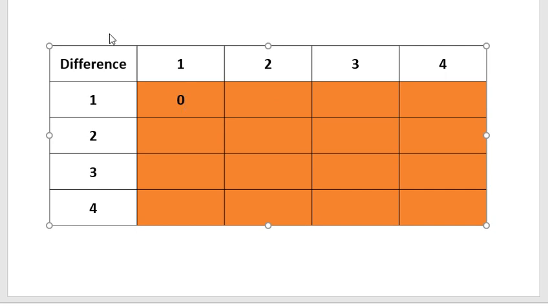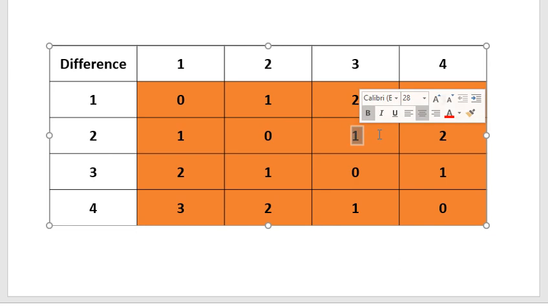And I'm going to fill in the rest of the chart now. The entire chart has now been filled in. So for example, if we roll a 2 on both of our number cubes, we get a difference of 0. If we roll a 2 on our first number cube and a 3 on our second number cube, we end up with a difference of 1.